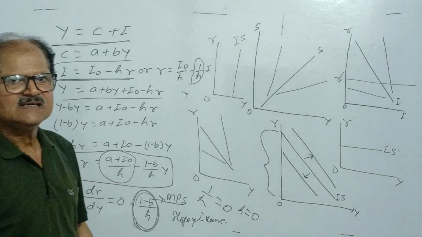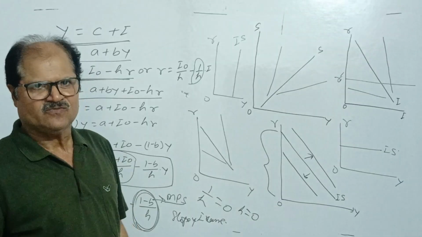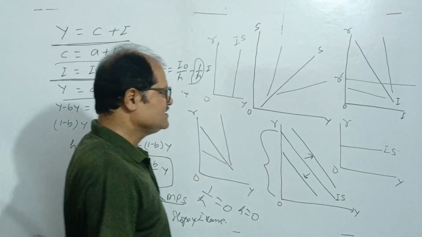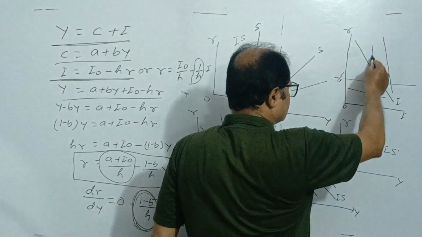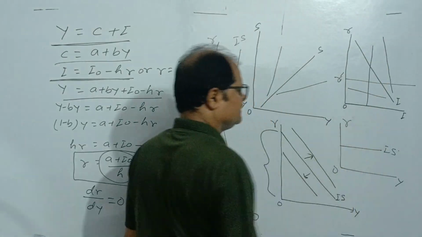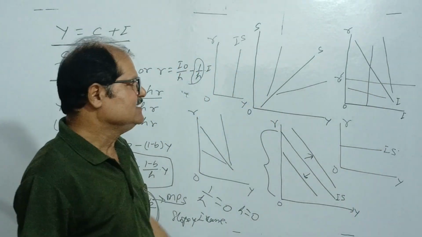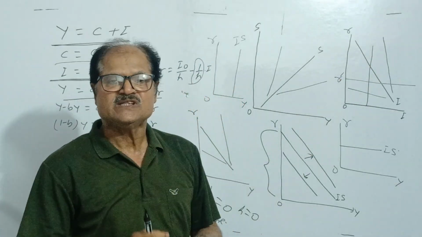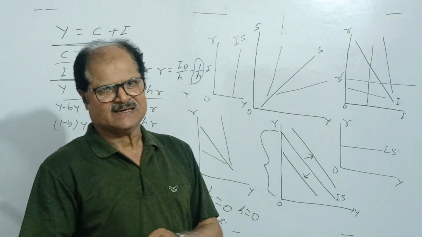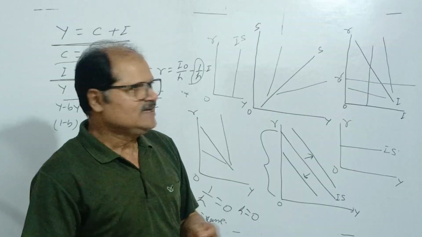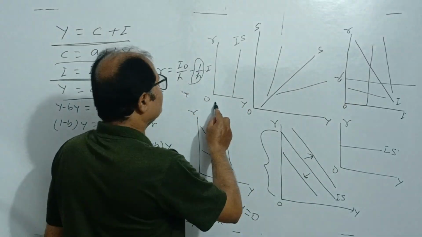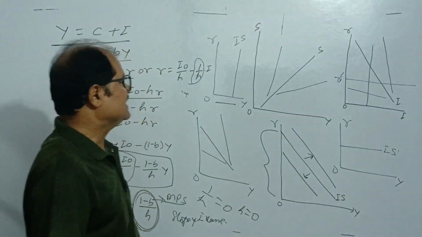It becomes independent of the rate of interest. To say this in other words, the investment curve should be like this. This means the investment curve becomes perfectly inelastic with respect to the rate of interest. If this situation happens, in that case we will have this kind of IS curve, that is, vertical.